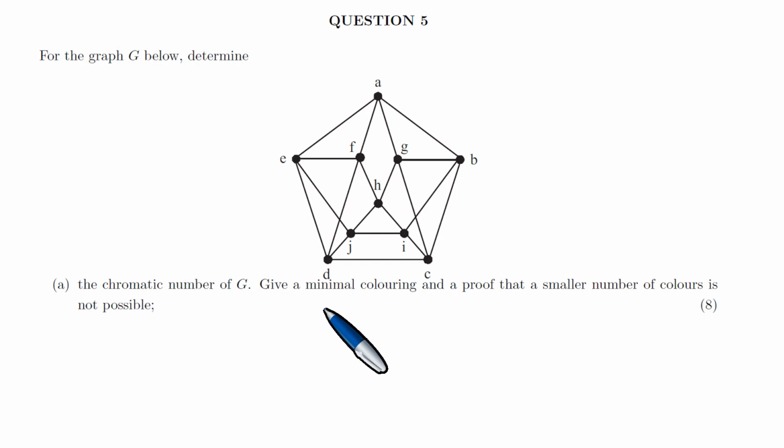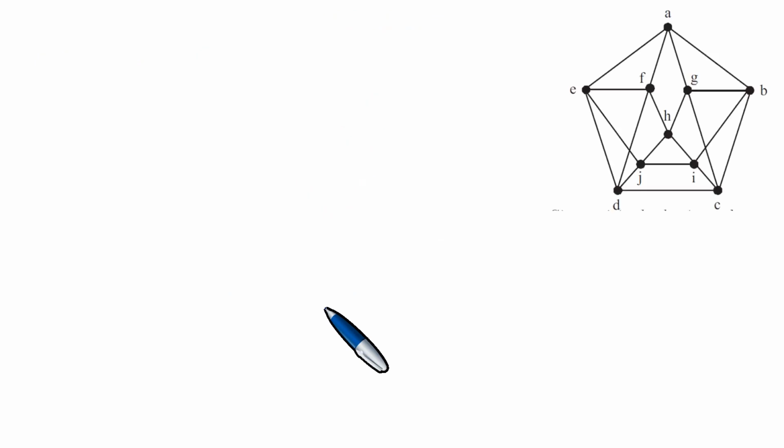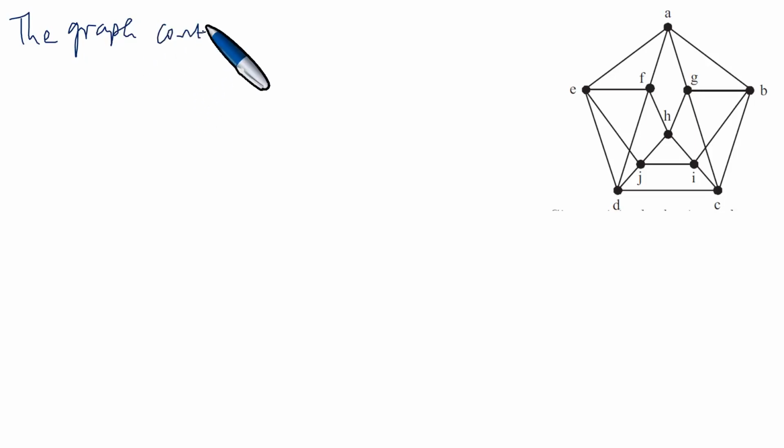What is the chromatic number of this graph here? Let's spend some time on it as we reason. First, we note that the graph contains triangles.